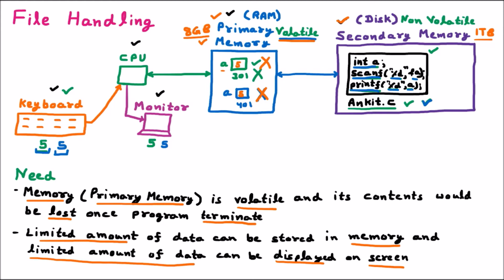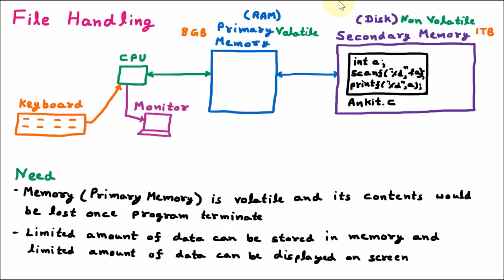On the screen we cannot display everything. On the monitor we can only show a few records. That's why we need a place where we can store everything, and that is the file. And a file is stored in the secondary memory. Let us suppose we create one file in the secondary memory and see how the program will work.